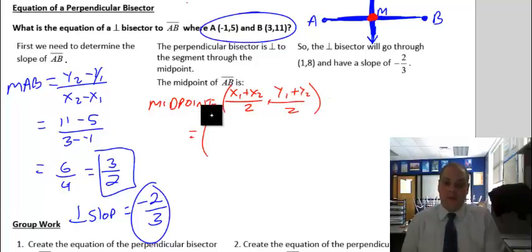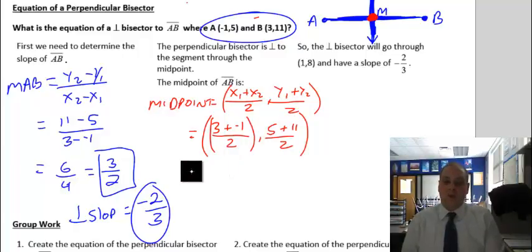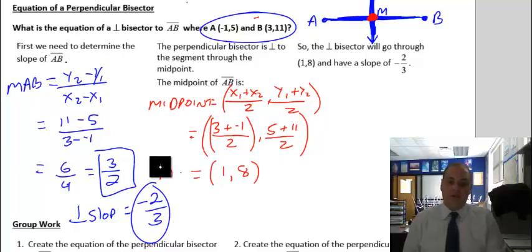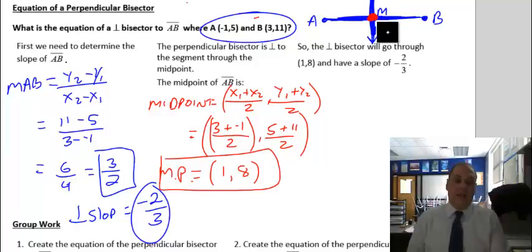So add the x's, 3 plus negative 1 over 2, and then add the y's, 5 plus 11 over 2. That's 2 over 2, which is 1, and 16 over 2, which is 8. So my midpoint, MP, is (1, 8).